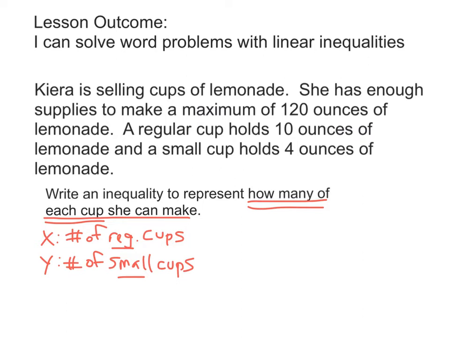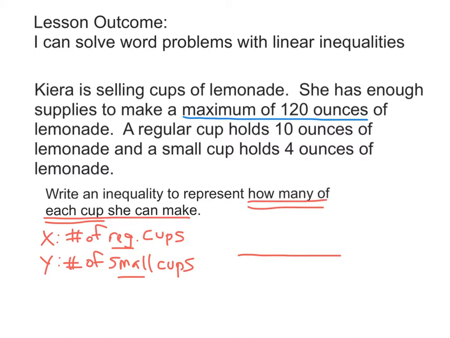All right, so now to write this inequality, we are going to think that there's going to be some number of ounces written right here, and we're going to talk about that in a second, that can be a maximum of 120 ounces. Now, sometimes when we see the word maximum of 120 ounces, we might think greater than.